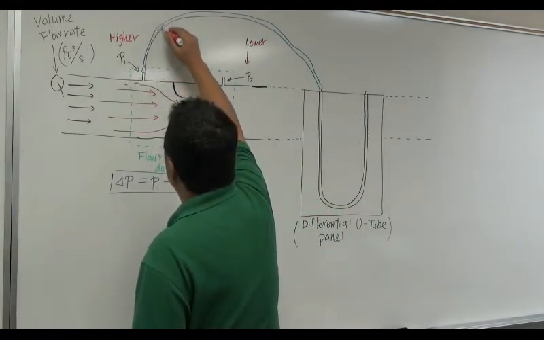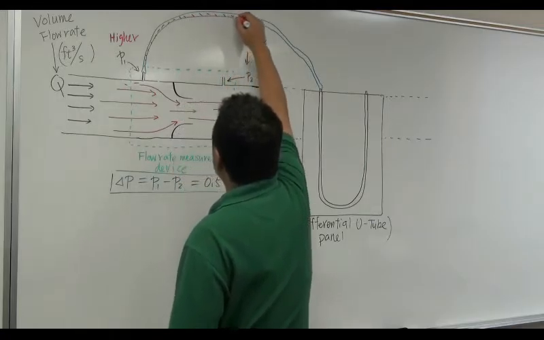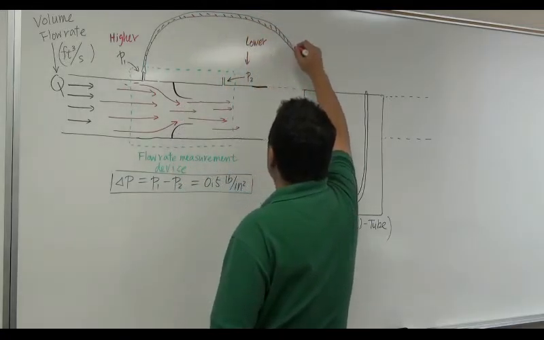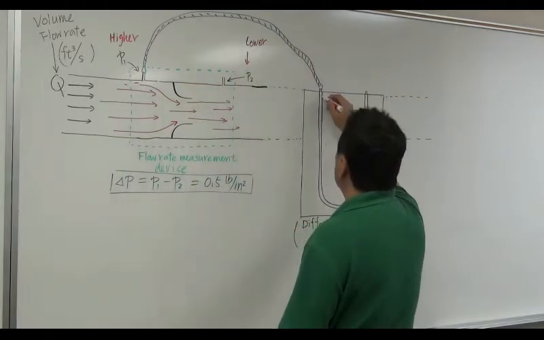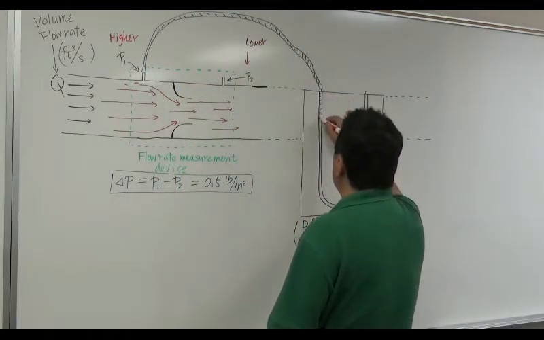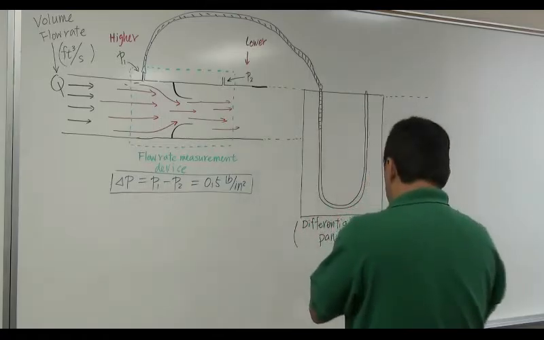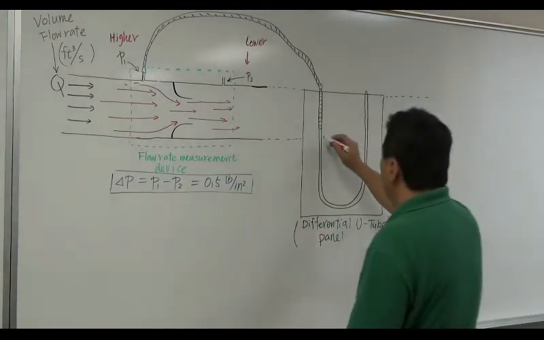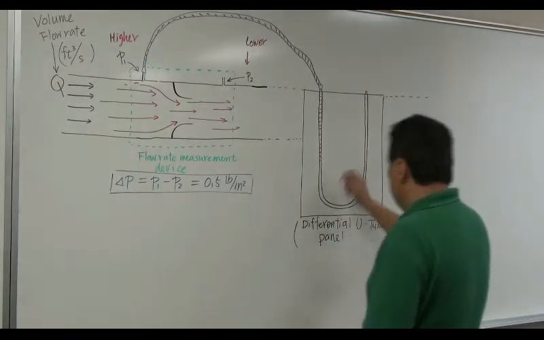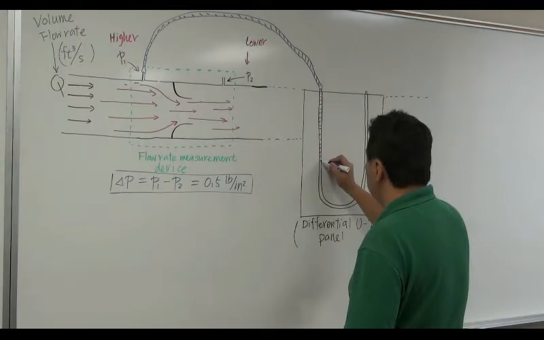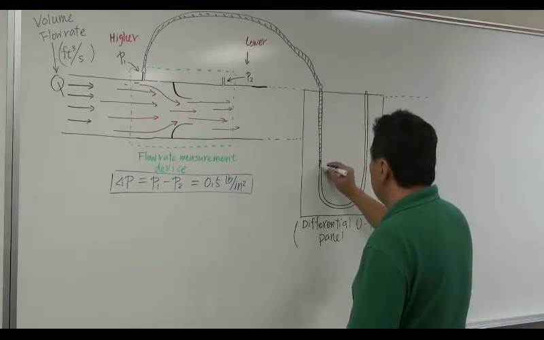Water is flowing inside the pipe. Within this tube water is not flowing, but because it's connected to the pipe, you are naturally going to introduce water to this tube and then the U-tube also. Then this U-tube is filled up with a gauge fluid. This is the gauge fluid.